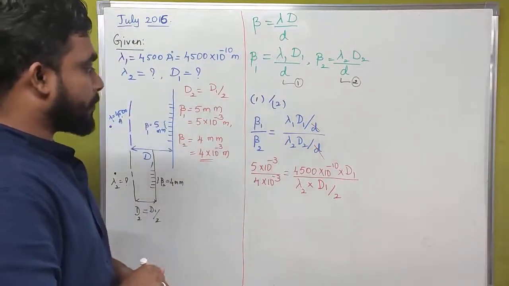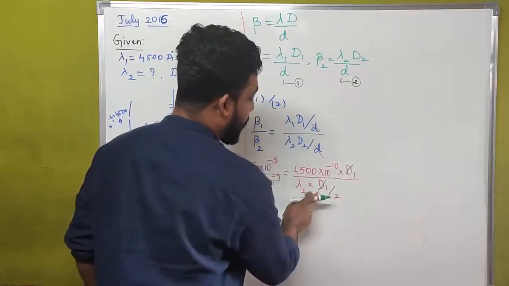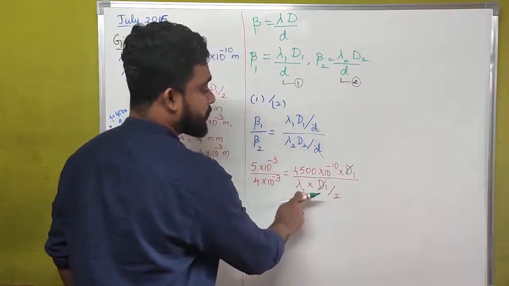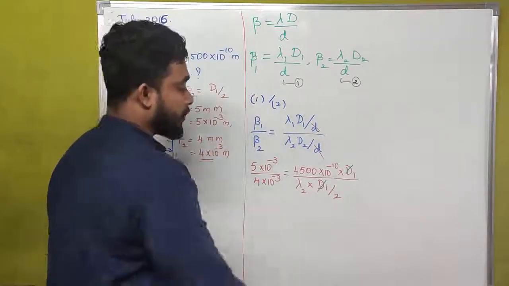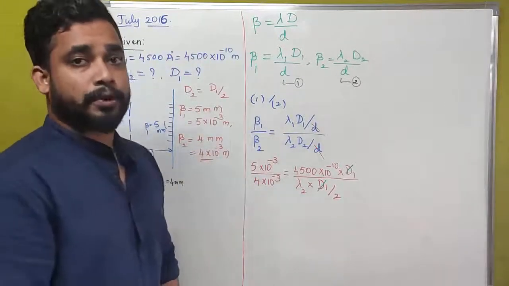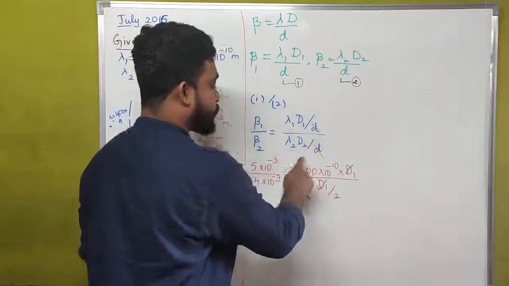d1 divided by 2. Here d1 gets cancelled, and actually here what we have is 2. The whole term here is the denominator. Inside the denominator 2 is in the denominator. Actually we know the concept of denominator: it will shift to the numerator.